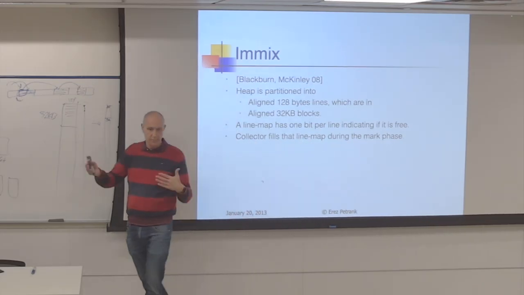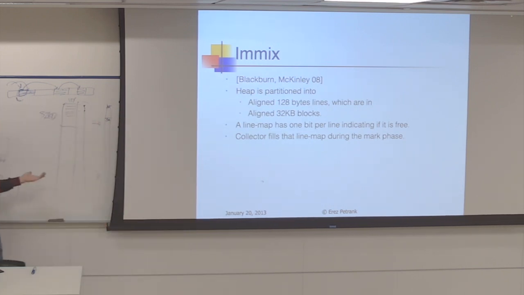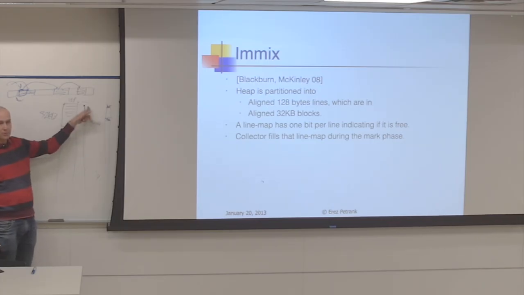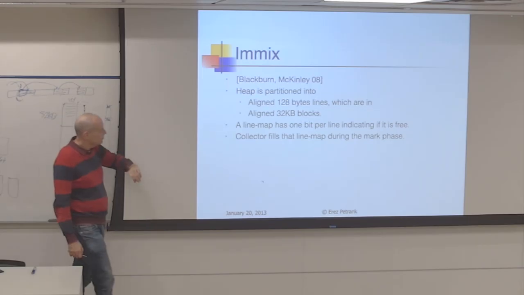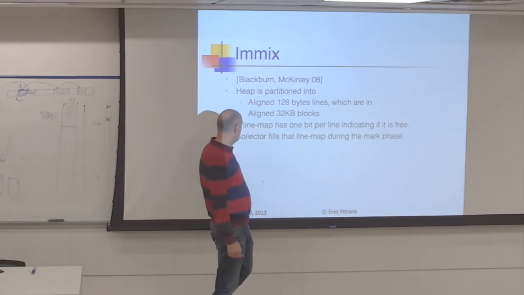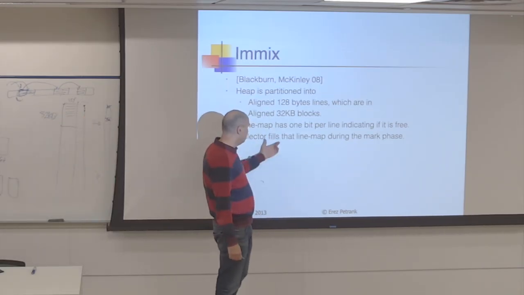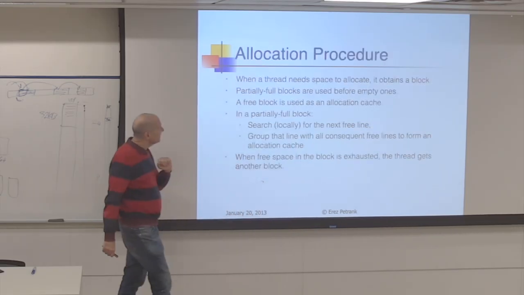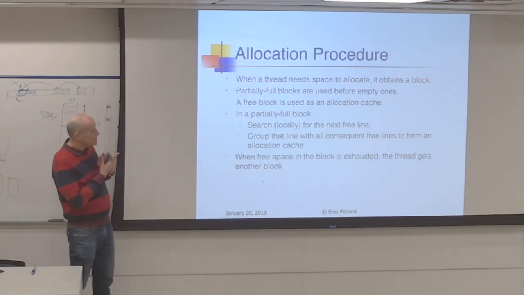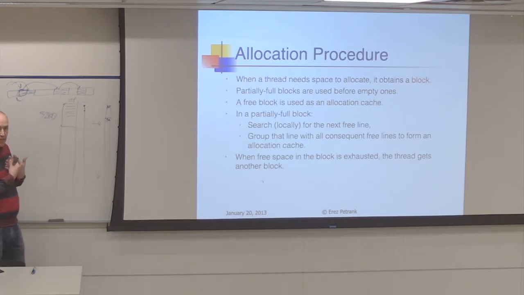So you do mark sweep, you just mark the lines. If there's an object living in the line, you just put a bit on this line saying it's occupied, it's not free. So you have this line map, and the collector. And now how do you allocate? When you need space to allocate, and you don't have a block, you first get a block that will be your own, like you got an allocation cache, now you get a block.